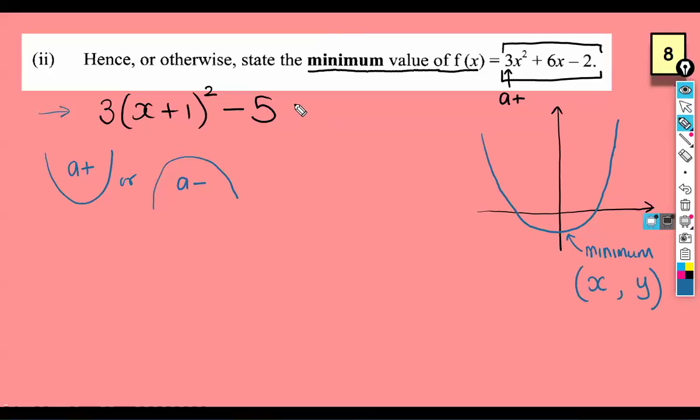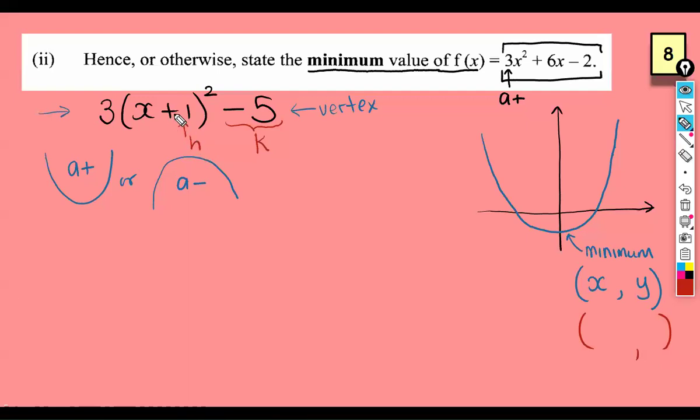Whenever you have a quadratic expressed in vertex form, keep your eyes on two things. The value outside, separated from the brackets, in other words the K value, and the value inside, which is the H value. The minimum point, the x coordinate, is always the opposite of the H value.